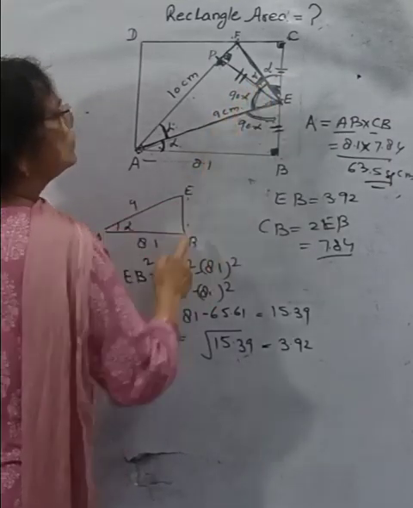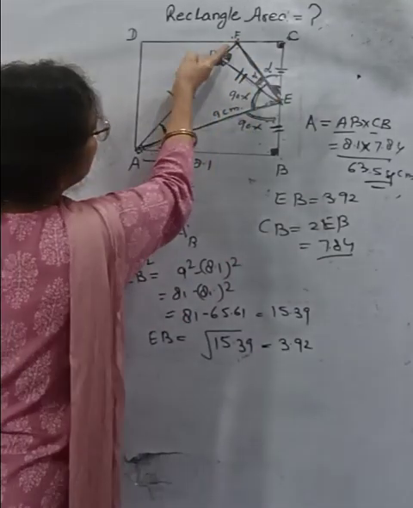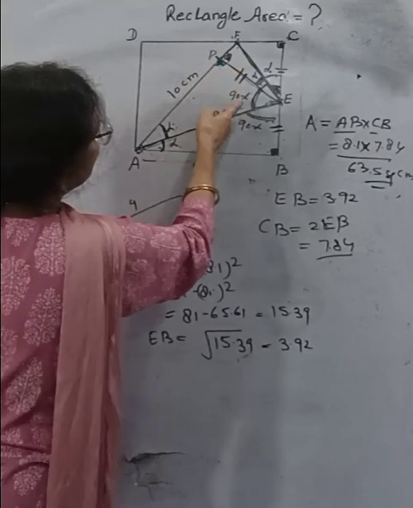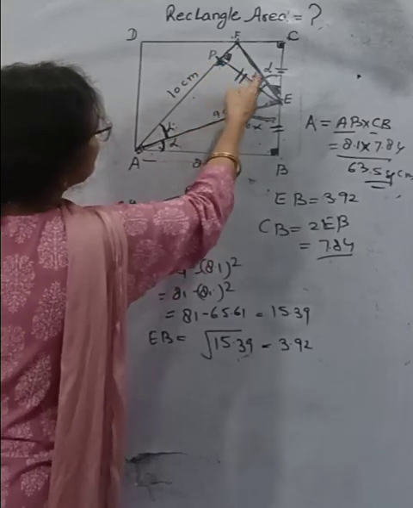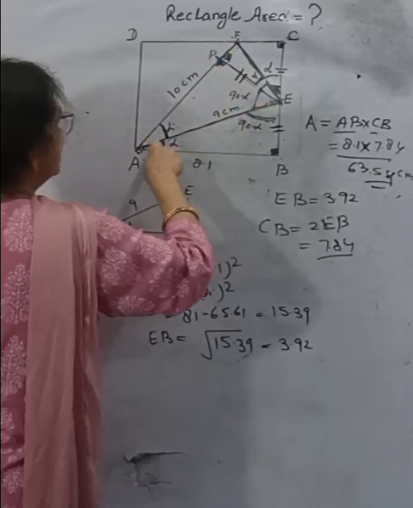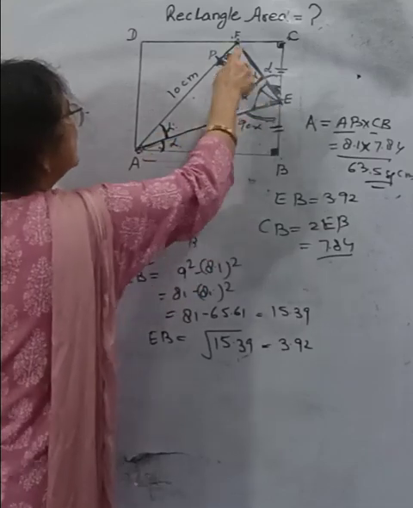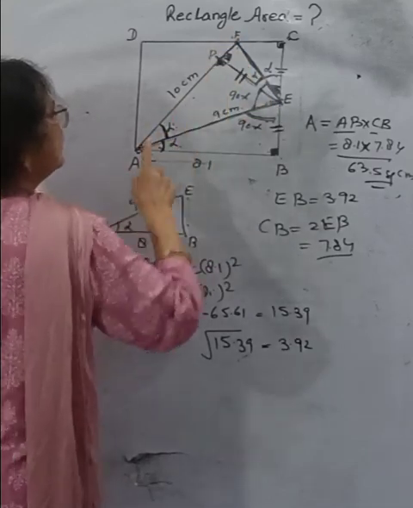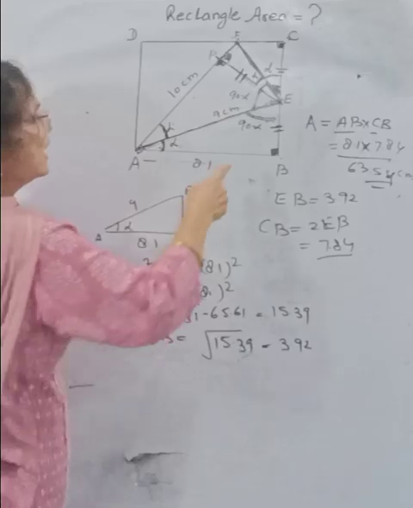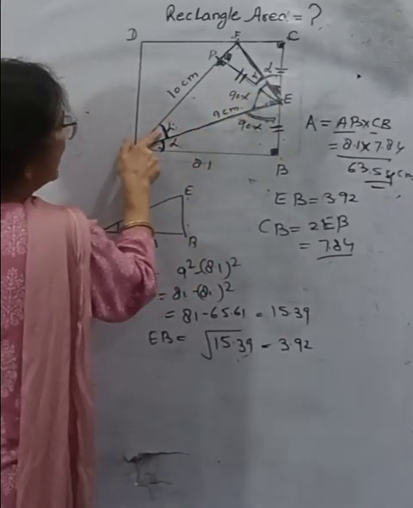These two angles will be equal to each other, and hence this will be alpha, this will be alpha. Now in the triangle, this angle alpha is added to 90 minus alpha, so that the whole angle becomes 90 degrees. In this total triangle AEF we have a 90-degree angle at point E, and then we can compare for the particular angle alpha.